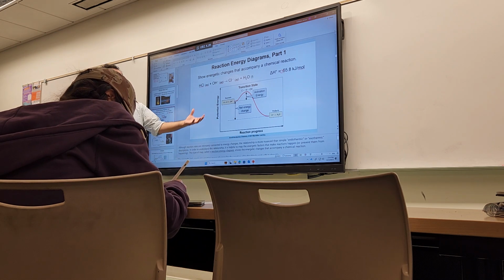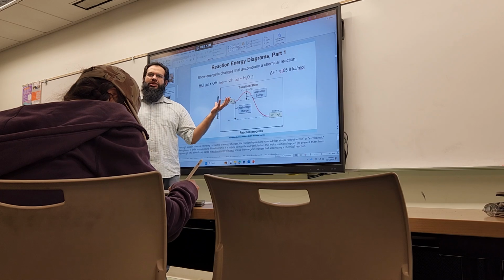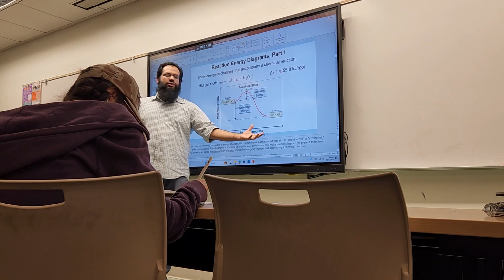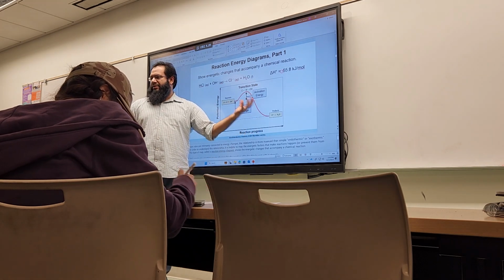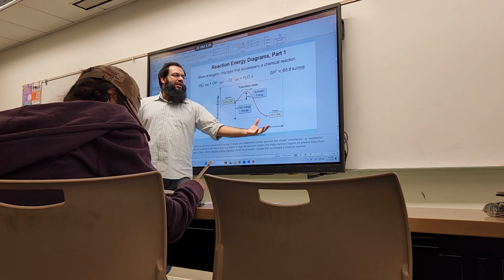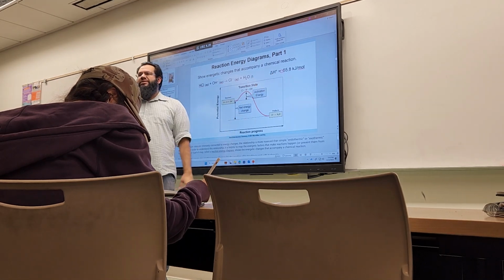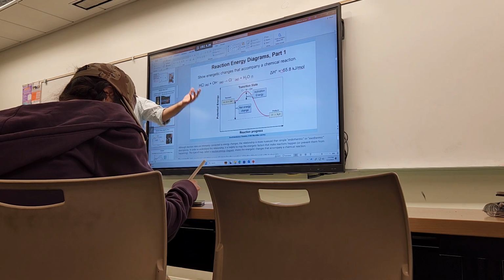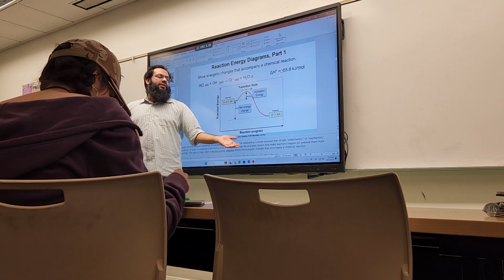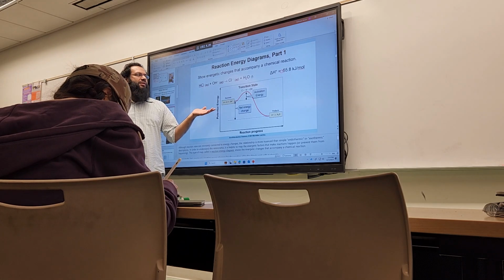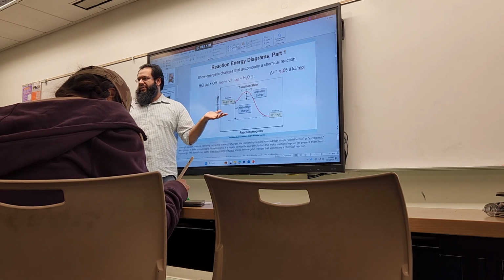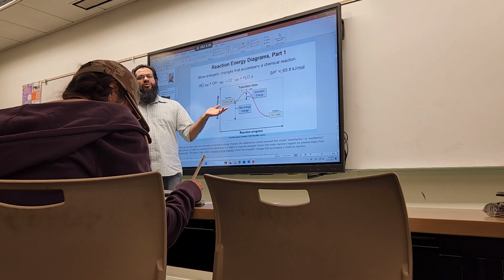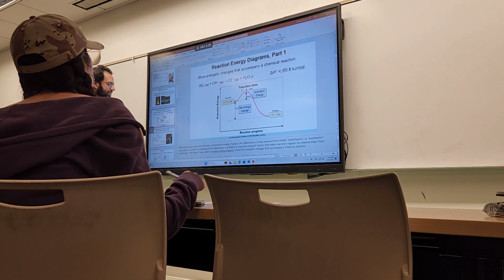In this case, you're starting off at a higher energy and you're going down to a lower energy. Therefore, it is negative, and a negative tells you that it is exothermic. Right? If the final products are lower than the starting reactants, then it's going to be exothermic. If the opposite is true, it will be endothermic.